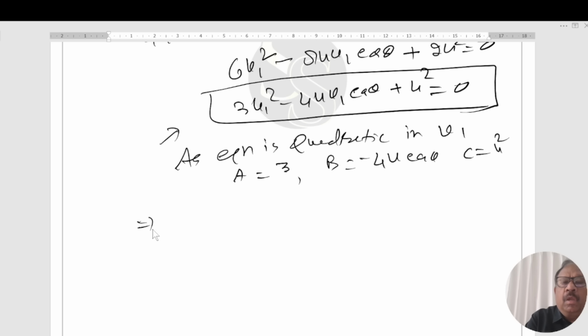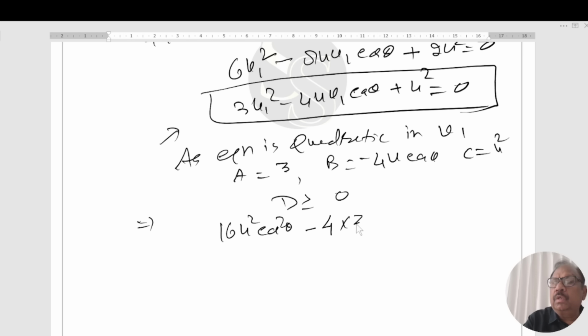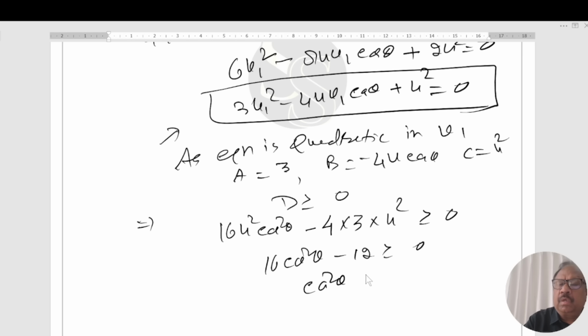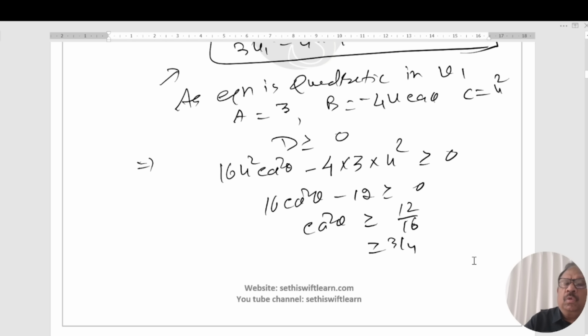For real roots, D should be greater than or equal to 0. b square minus 4ac: 16u square cos square theta minus 4 into 3 into u square should be greater than or equal to 0. u square cancels with u square: 16 cos square theta minus 12 is at least 0. So cos square theta is at least 12 upon 16, that is 3/4. So cos theta is at least root 3/2.